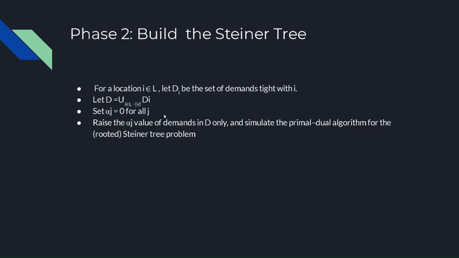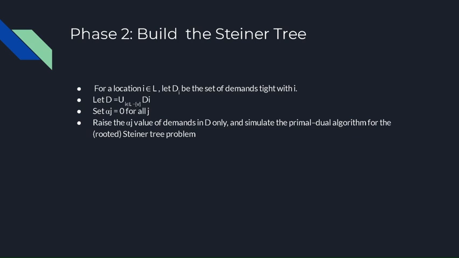Again, some notations. First, for any location I, we define this particular set D of I. It denotes the set of demands that became tight with I. Then we define set D, which denotes the union of all those DIs except of V, since V is the root.